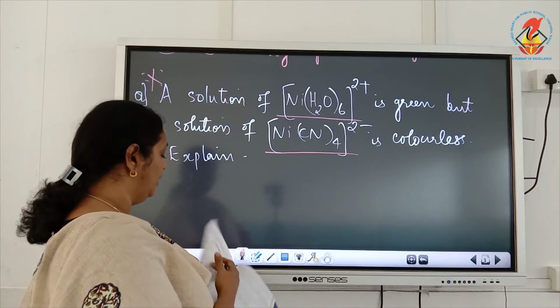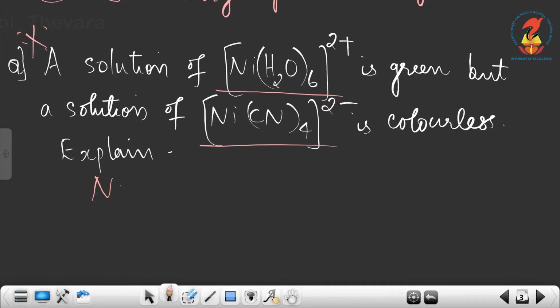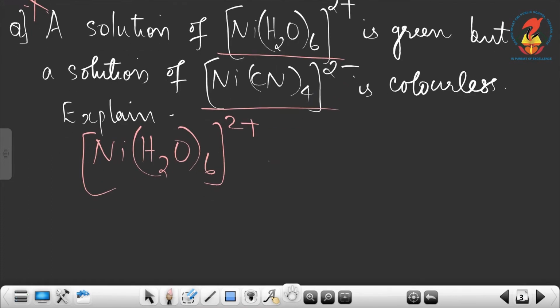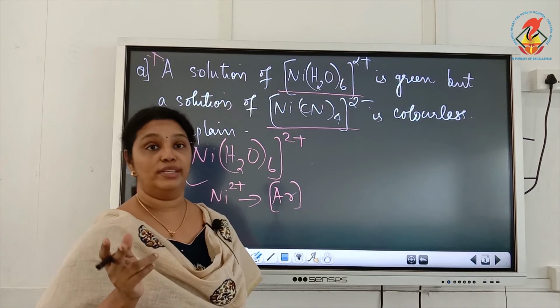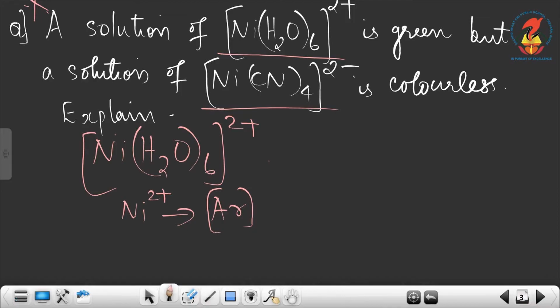Now, I am going to take the first compound, that is [Ni(H2O)6]2+. This is green in color. Now, let us find the oxidation state of nickel in this. Nickel, x plus 0 is equal to 2 plus, means nickel is in 2 plus oxidation state. Now, what is the electronic configuration of nickel? 3d8 4s2. Now, here 2 electrons are lost, so Ni2+ will be 3d8.